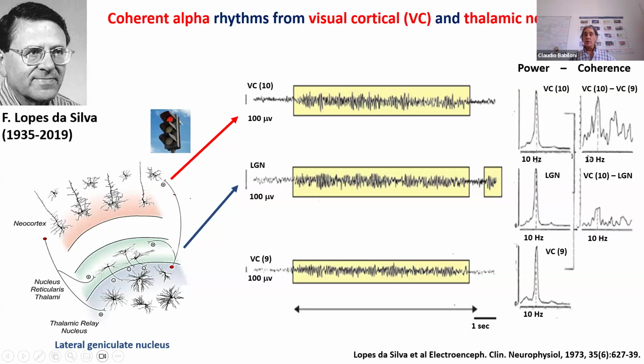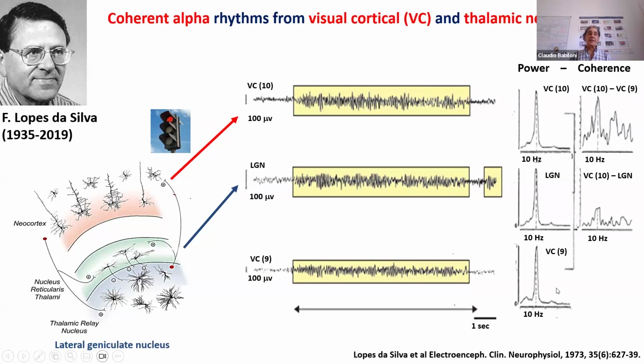But also the results of spectral coherence between electrode 10 and the lateral geniculate nucleus show a very clear peak of coherence at 10 Hz between the electrophysiological activity from electrode 10 and lateral geniculate nucleus.